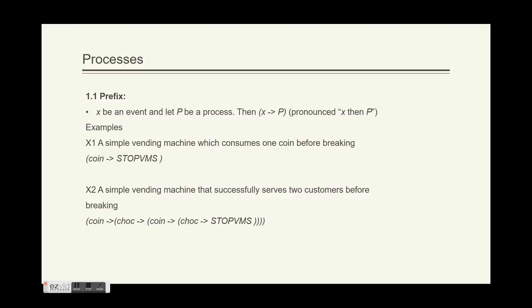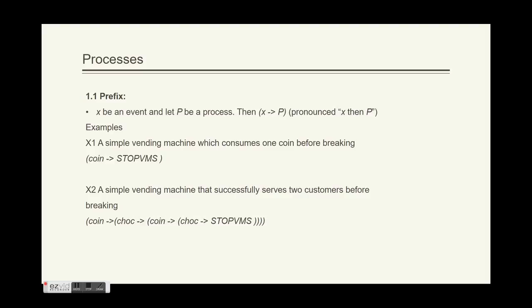And after the coin event is executed, the next event chocolate will be executed, and the right side of that is another process. So basically, the left hand side denotes the events, and the right hand side denotes the process.